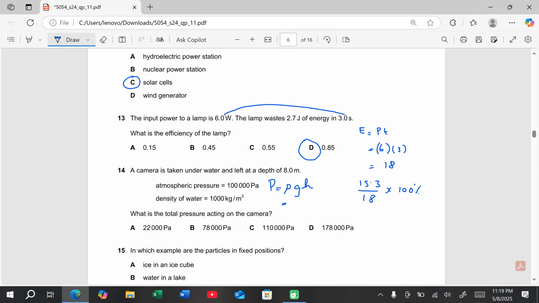Rho is for density, so that's 1000 times 8 times 9.8, and then you add atmospheric pressure to it, because it says total pressure, right? So A and B are wrong because they are already coming below the atmospheric pressure, which is wrong. So if you calculate from this equation, you will get to D.